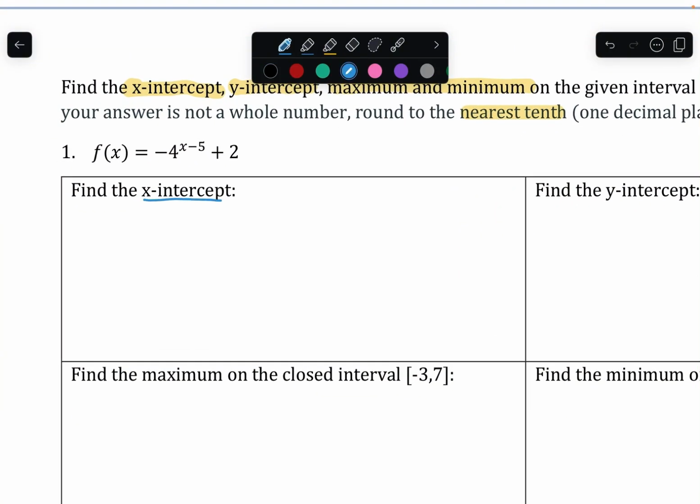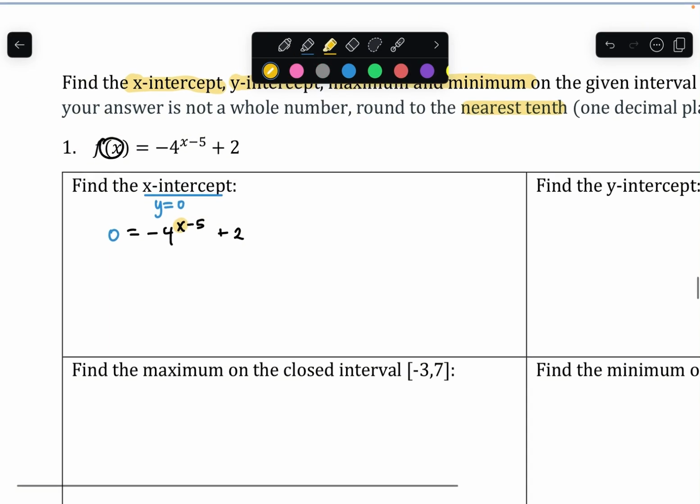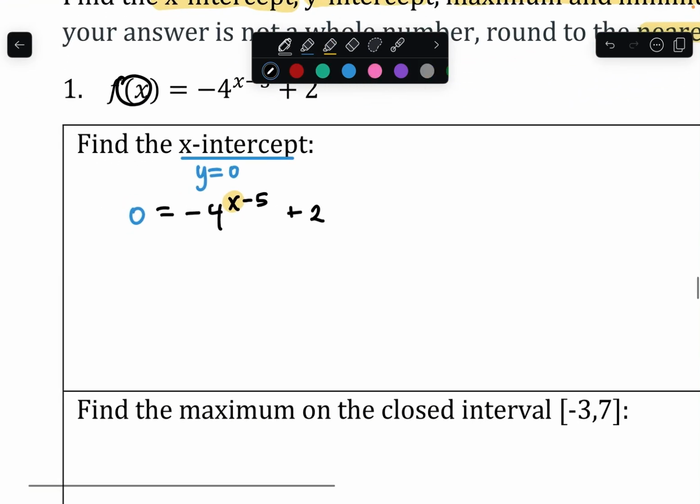All right, so for this first example, it says find the x-intercept. Okay, so for an x-intercept, you're plugging in y equals 0. So I'm plugging in 0 for this output, and then we are solving for the x. Okay, and so x is up here in the exponent, and so my first step is to subtract 2.